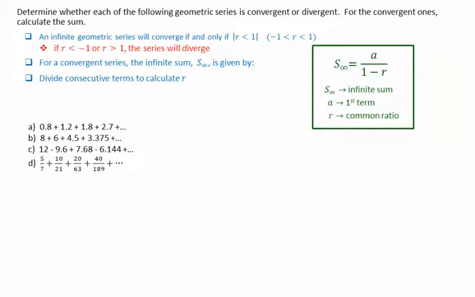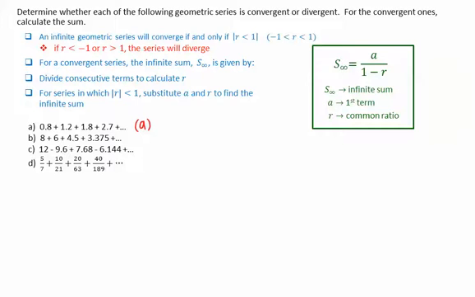Simply divide consecutive terms to calculate r. For the series in which the absolute value of r is less than 1, meaning r is between -1 and +1, substitute the values of A, the first term, and r, the common ratio, to find the infinite sum.